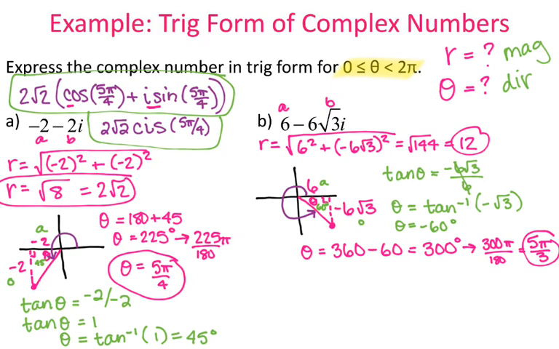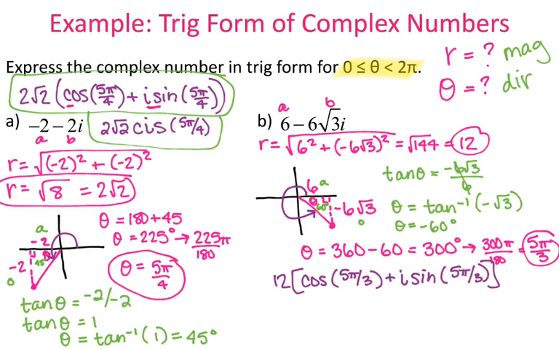All right, so I have my r and I have my theta. I can go ahead and write my complex number in trig form. So I'm going to have 2 answers. I'm going to write the expanded version as well as the condensed version. So it's going to be my r times cosine of theta, which is 5 pi over 3, plus I sine of theta, 5 pi over 3.